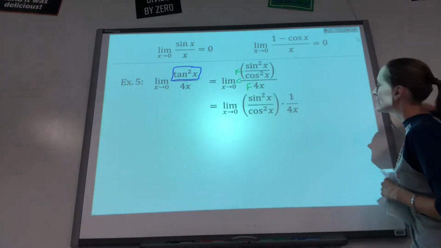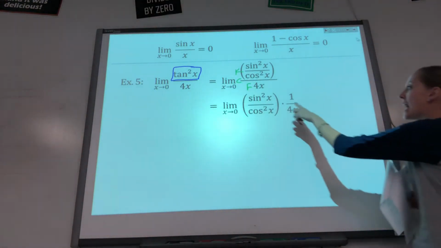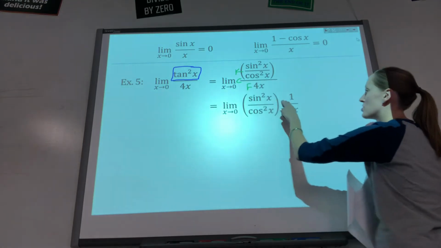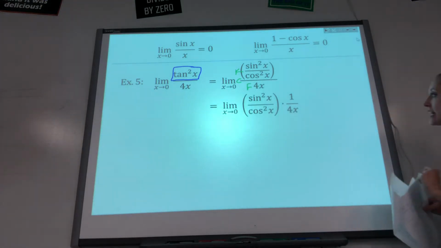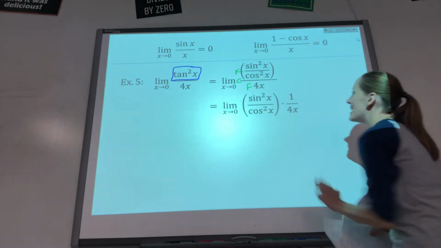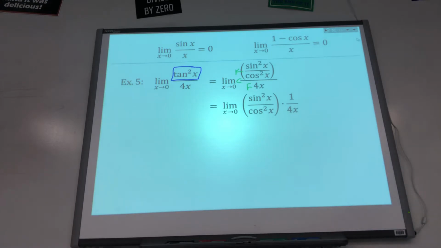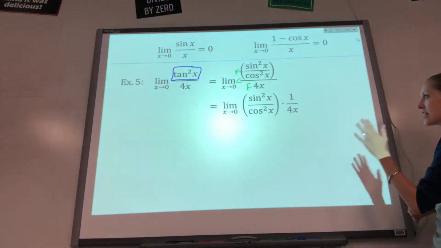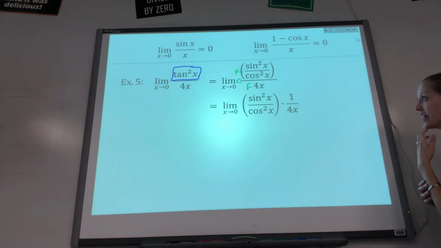I can go ahead and stick that up there, times, because it's not division anymore, it's multiplication, times, instead of 4x, now it's 1 over 4x. Keep, change, flip. It's still not really clicking here too much.